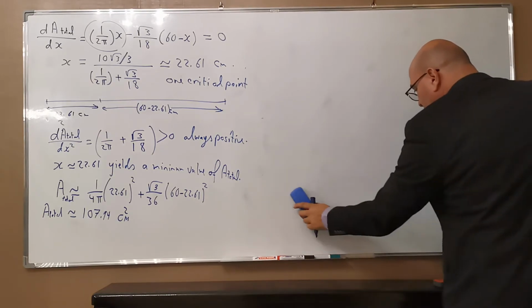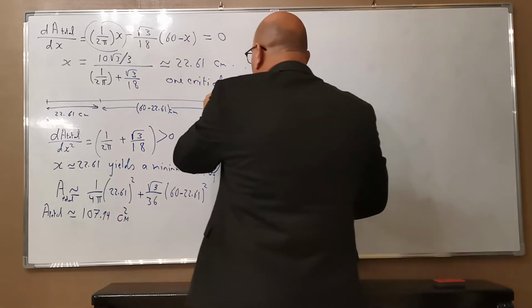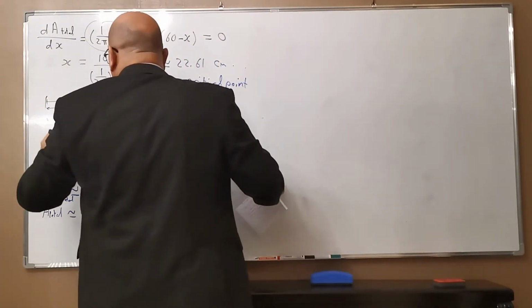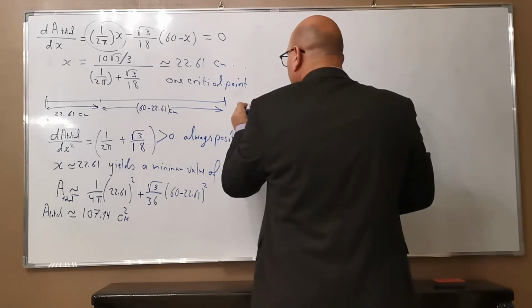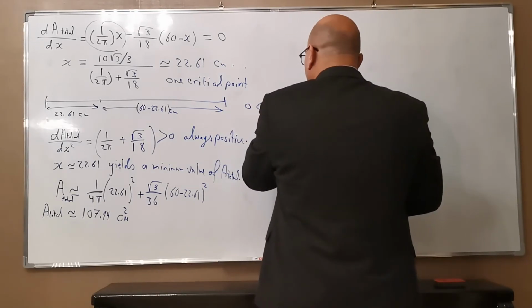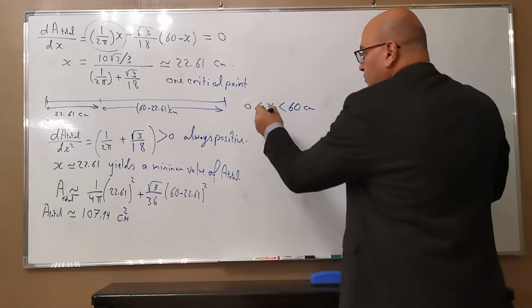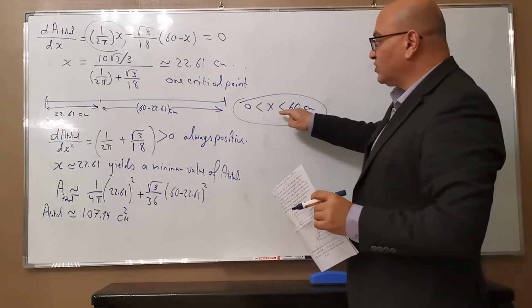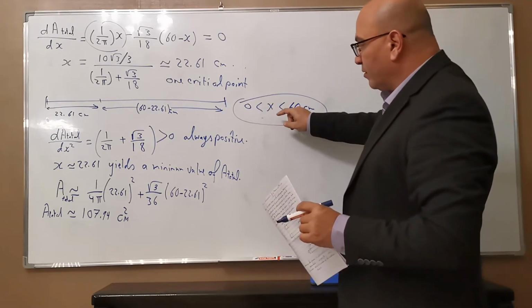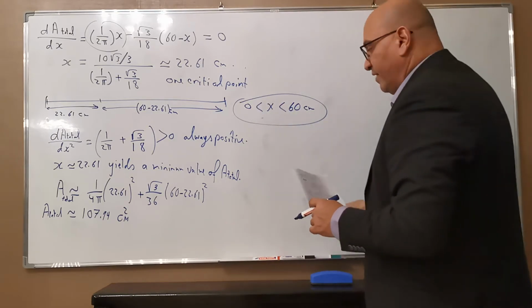The maximum, we have actually at the edges of the interval. Notice that your x here will be greater than 0, less than 60 centimeters. So those are the edges of the interval, so our maximum will happen at one of those values.